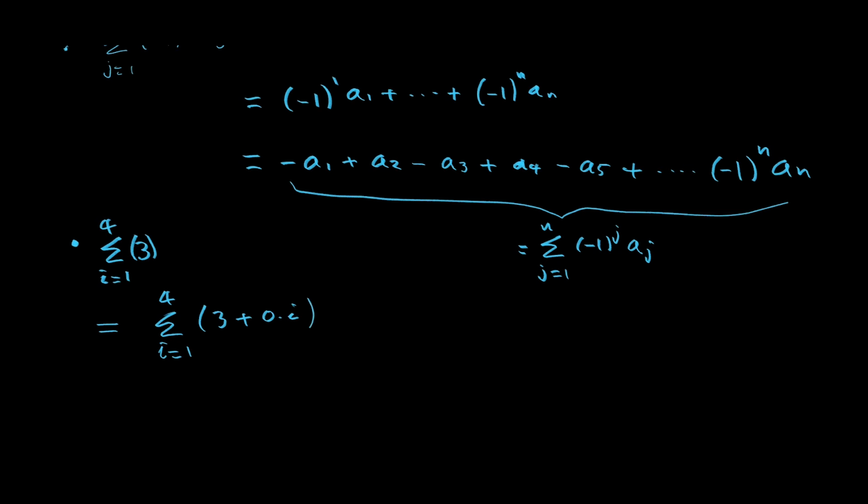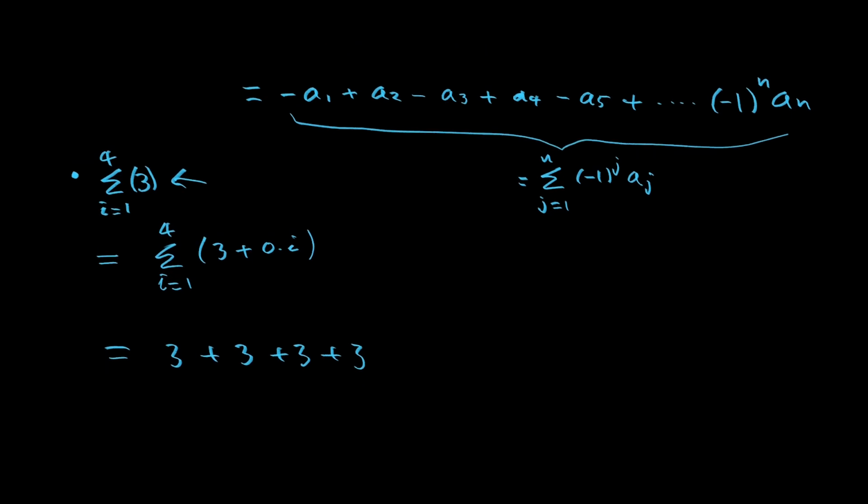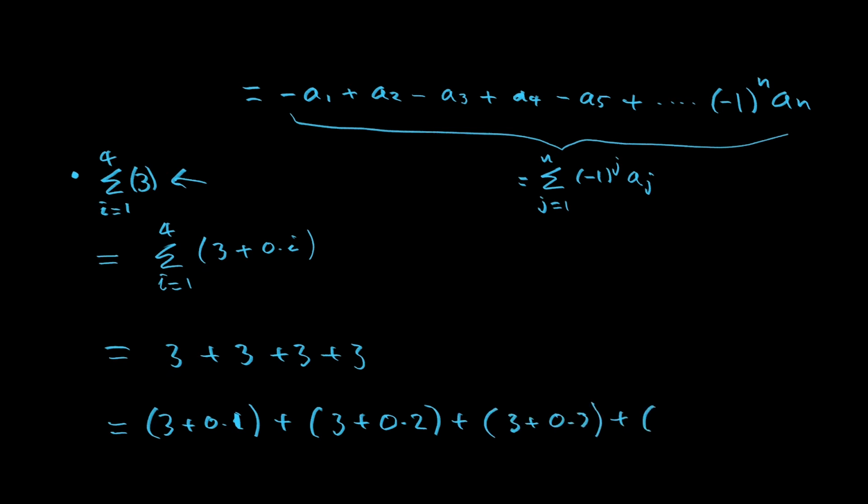It's just implicit. So what this would equal is 3 plus 3 plus 3 plus 3, because you can think of i playing a role like this. The first term is 3 plus 0 times 1, because i equals 1 in the first term, plus the second term would be 3 plus 0 times 2, and so on, all the way up until we get to 3 plus 0 times 3, plus our final term, which would be 3 plus 0 times 4.